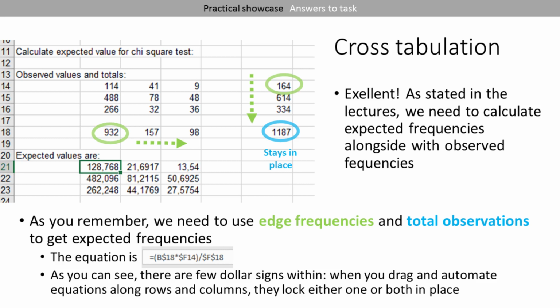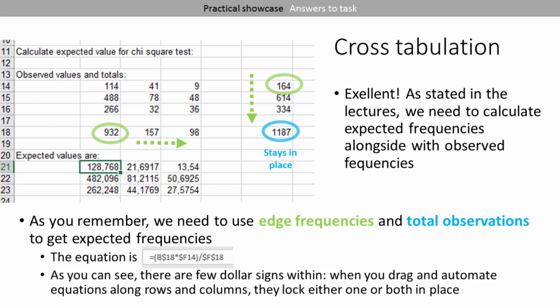And the equation is the following what you see on the screen, but here is the note: the dollar marks will lock a certain part of the cell reference, because we want to just drag the formula over the other cells to automate the calculation process. But then basically the whole calculation moves along the rows with it.